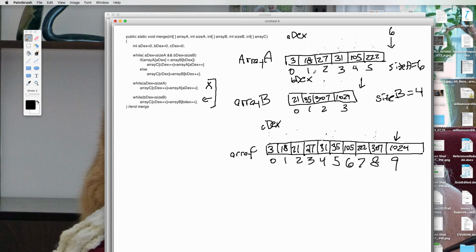It's now got the value of 4. This thing is now false, and we end the entire method here. But notice what we've done. We have merged these two arrays now into this array down here, which was exactly what we wanted to do. Okay, so that is merge.